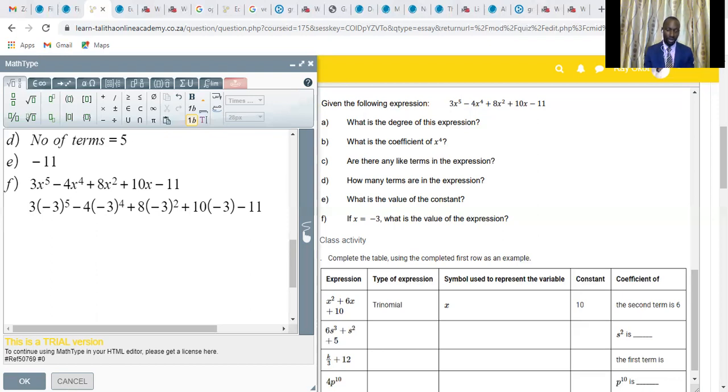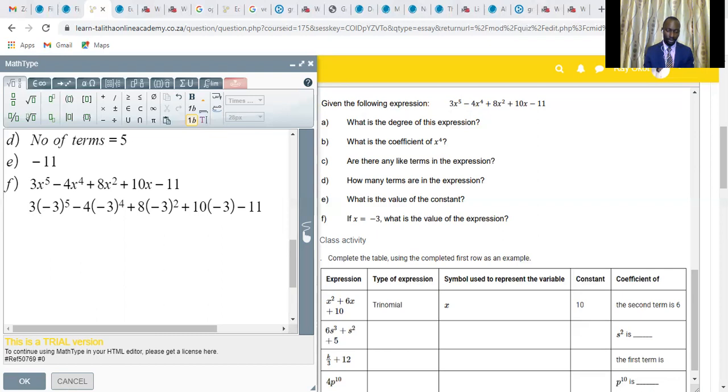So we have 3, then bracket, negative 3, we close the bracket, we raise this to the power of 5.